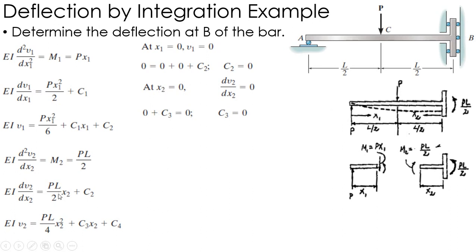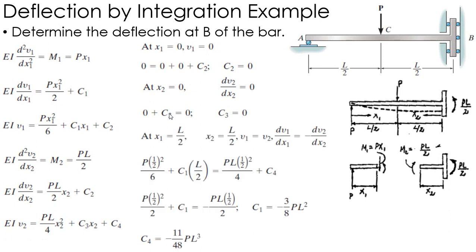So I use this equation right here, where I plug in x2 equals 0, and dv2/dx2 also equals 0. Therefore, again, the typo here, this should read C3 equals 0. That's because the slope over at B is 0. So those are my two boundary conditions.